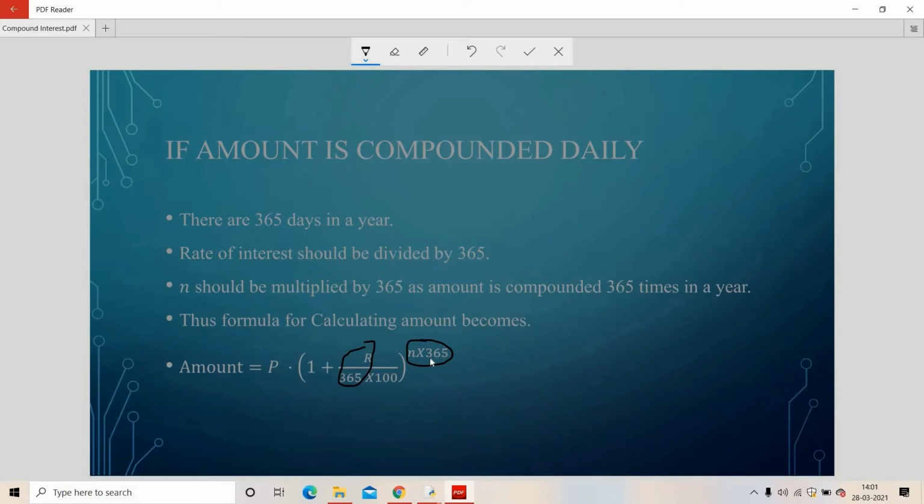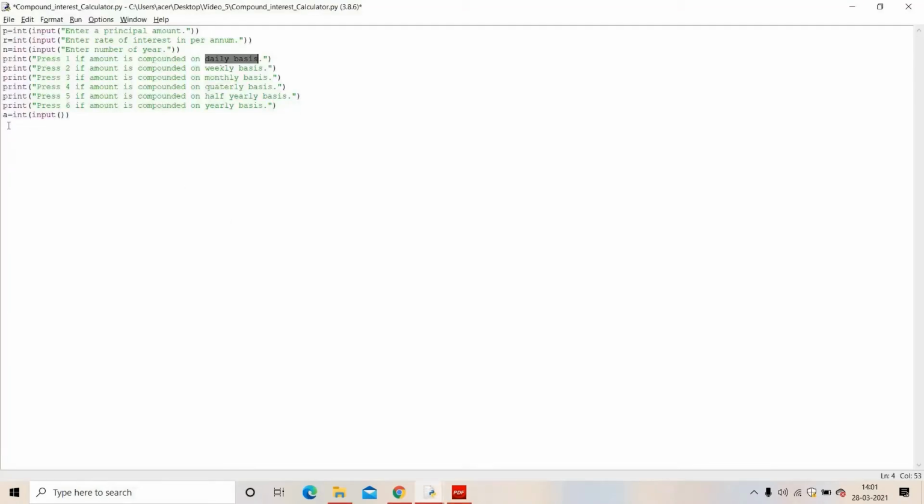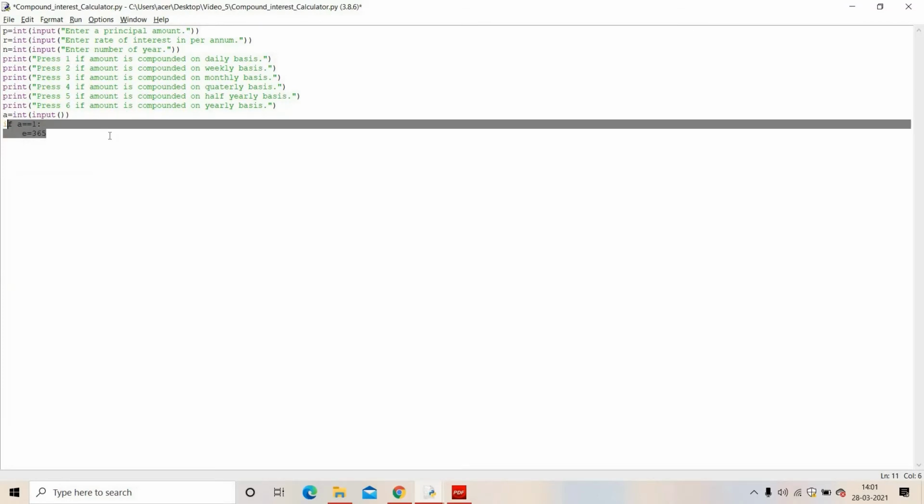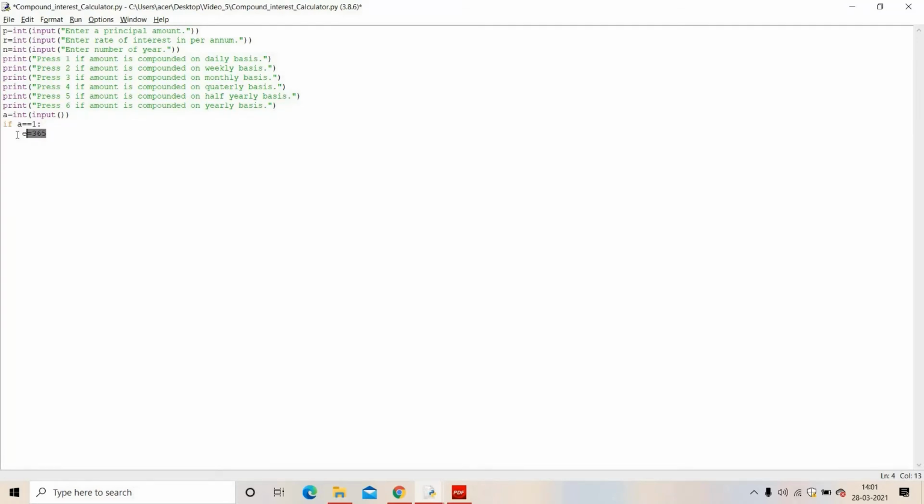So we will store this 365 in variable e by using if and else as follows. So these two statements will see that if user press 1, then E is 365.